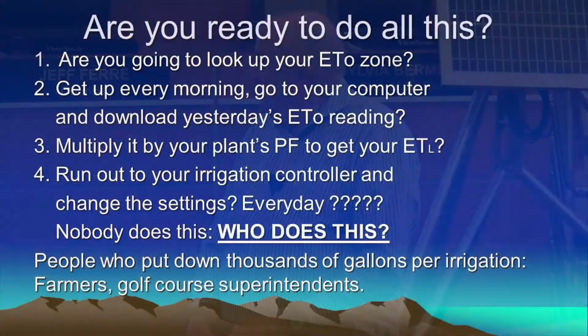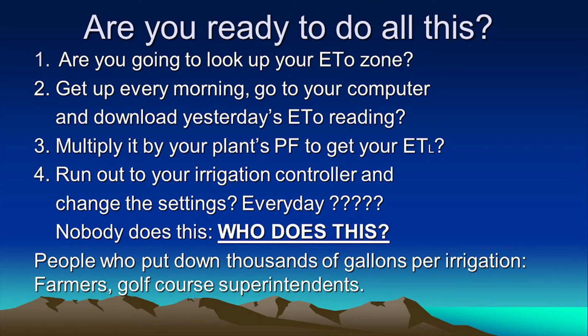Now, are you ready to do all this? Are you ready to look up your ETO zone? Okay, that's easy. And then every morning, get up and go to your computer and download what the ETO was, multiply it by your plant's plant factor, and you have different plant factors for different plants in your lawn.